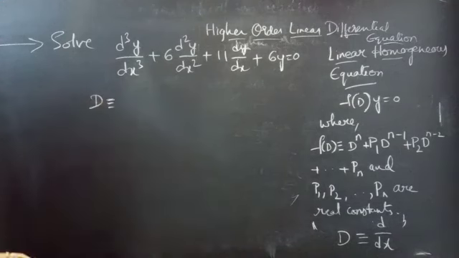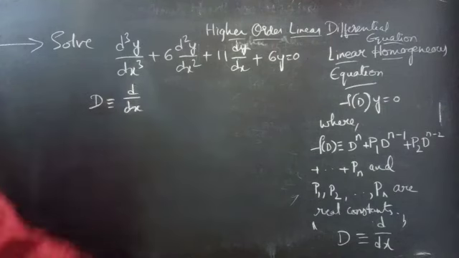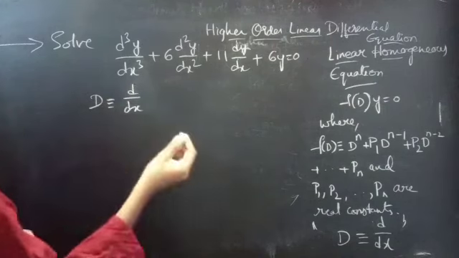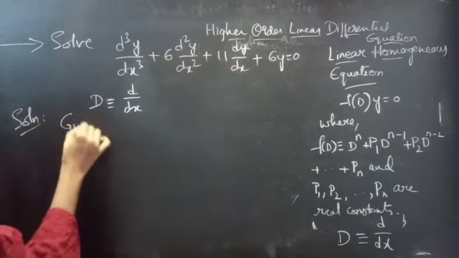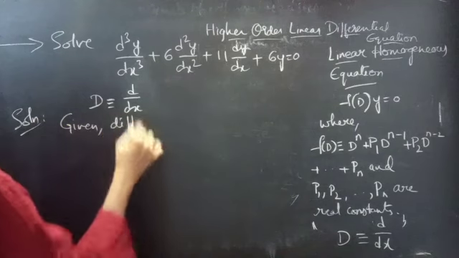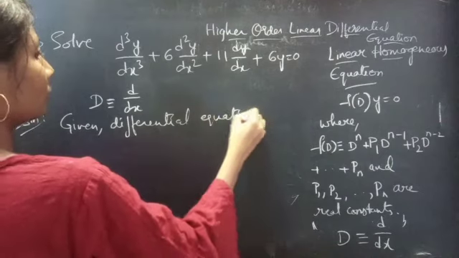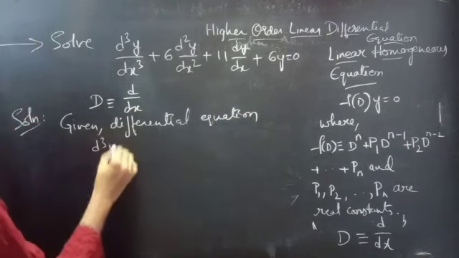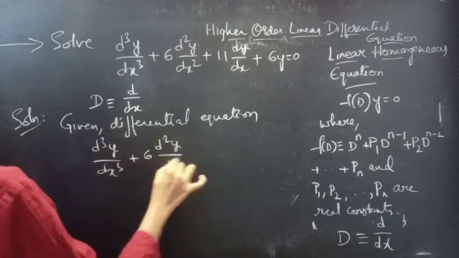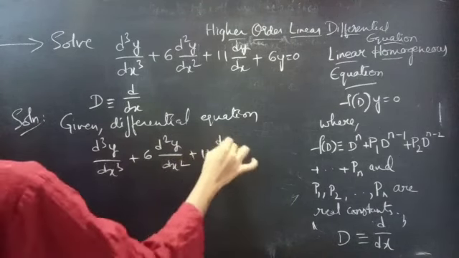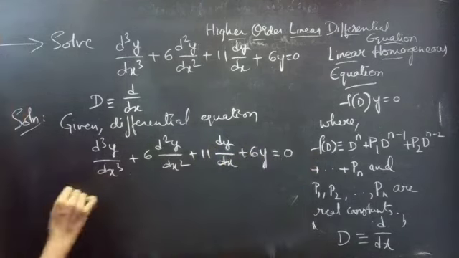If you use the differential operator D, you can replace d by dx by differential operator D, right? Then this equation becomes, given differential equation, d cube y by dx cube plus 6 into d square y by dx square plus 11 into dy by dx plus 6y equals to 0.